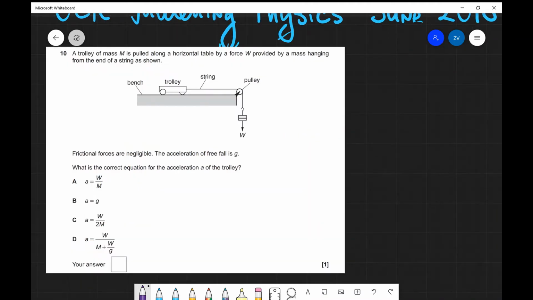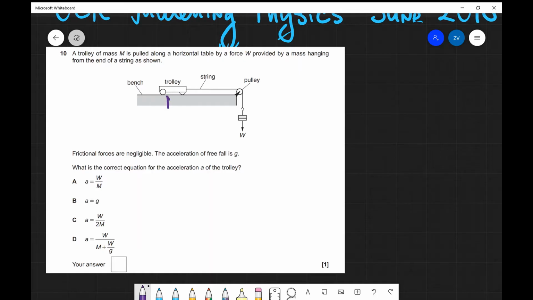Okay, so question 10. A trolley of mass M is pulled along a horizontal table by a force W provided by a mass hanging from the end of the string as shown. Frictional forces are negligible. The acceleration of free fall is g. Which one is the correct equation for the acceleration of the trolley?